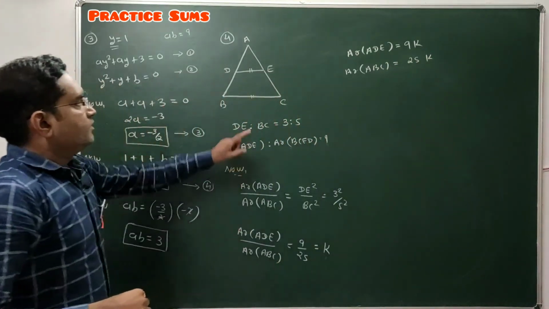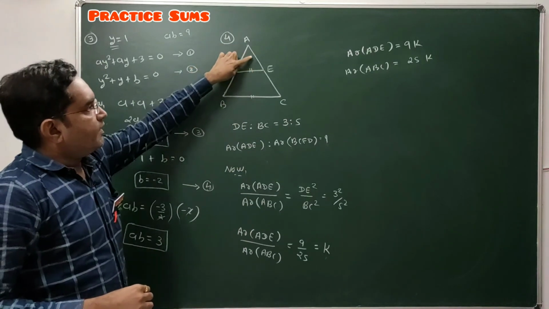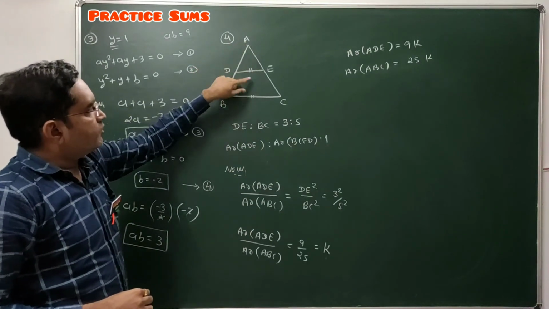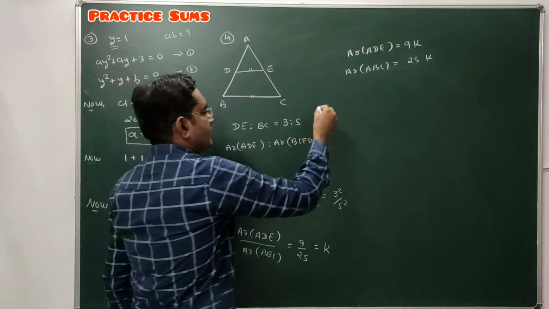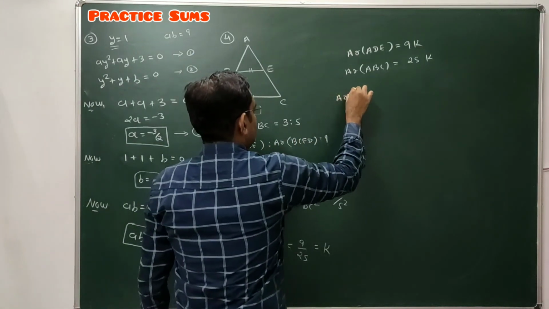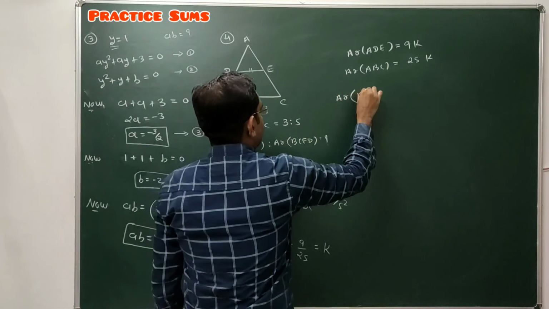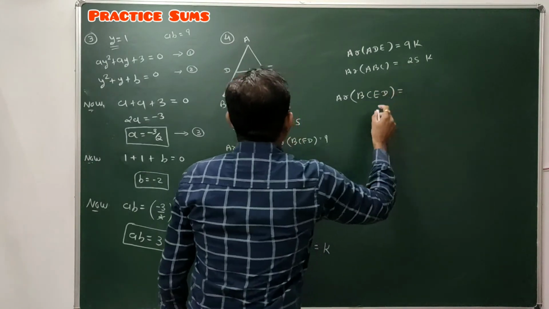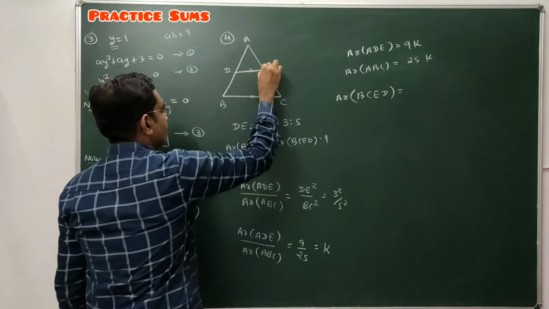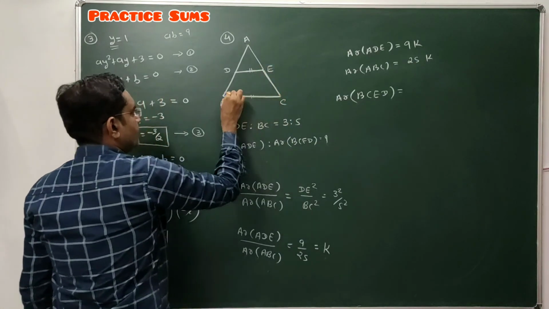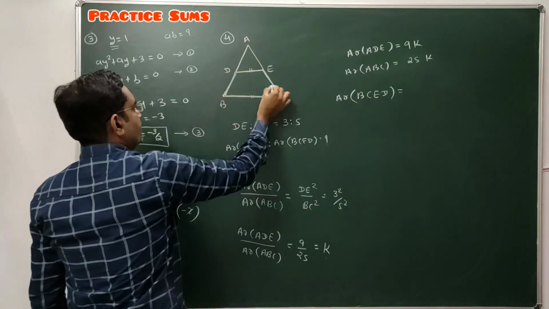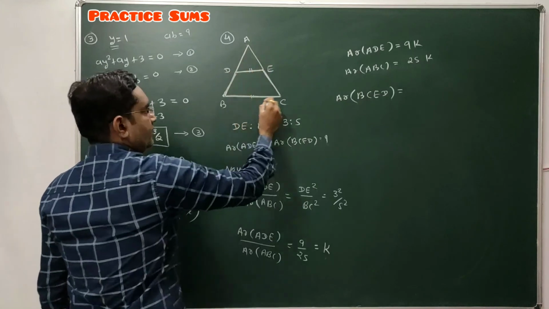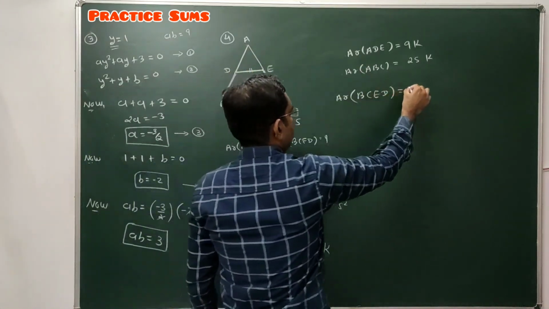Area of triangle ADE is 9K, area of triangle ABC is 25K. So from these two results we can write area of the trapezium BCED. So what is the area of this trapezium? Area of this trapezium is nothing but the area of triangle ABC minus area of triangle ADE. This one minus this one.